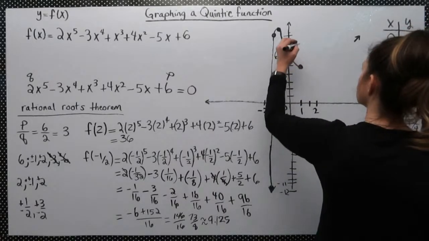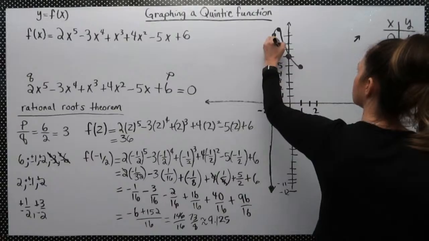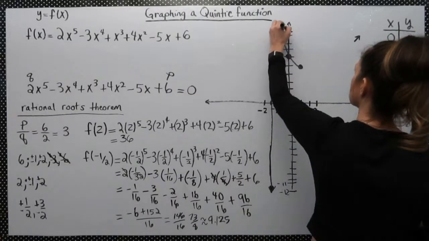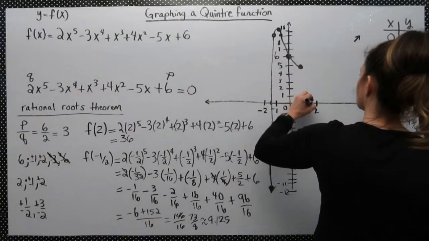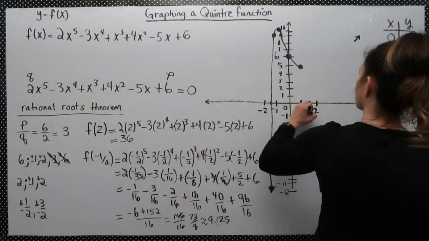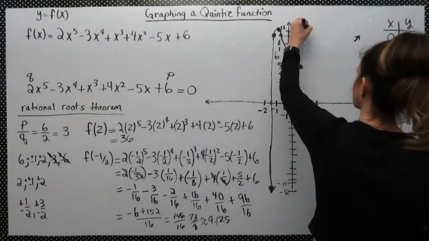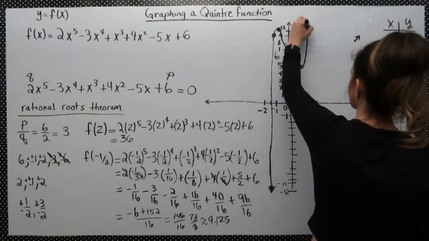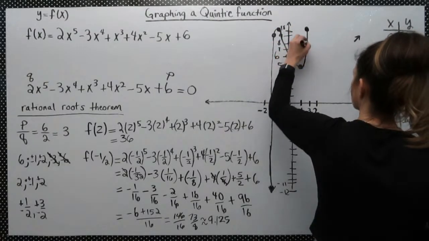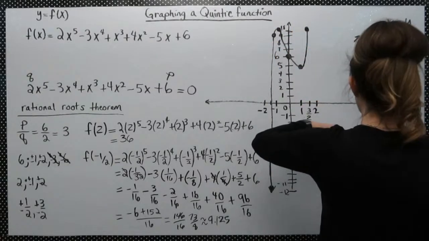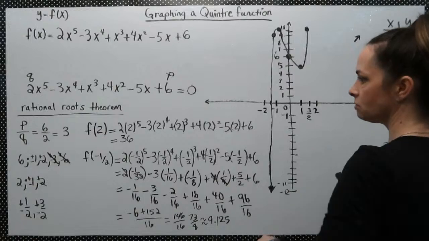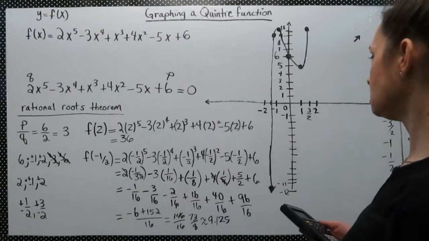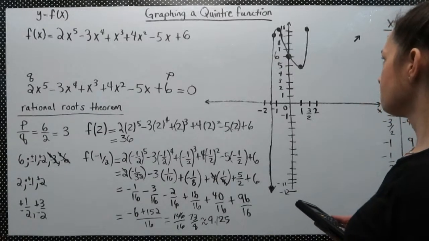We're back up to 10. So positive 3 halves, we're already back up at 10. It looks like there might be another thing going on in this graph here. And then at 2, did we already do 2? Oh, we did. It's 36.